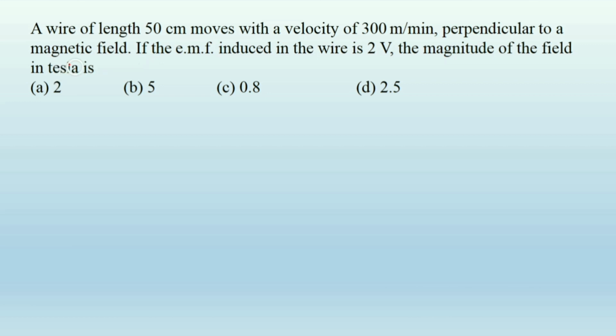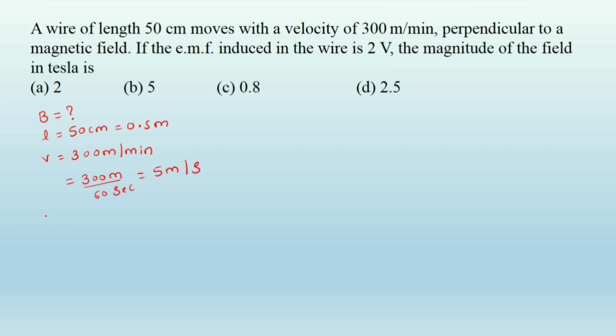So we have to calculate magnetic field, that is B. Length is given, that is 50 centimeter, or we can write it as 0.5 meter, and it is having velocity 300 meter per minute. So we should convert in terms of second. 300 meter, so 1 minute means 60 seconds, so we can get 5 meter per second.